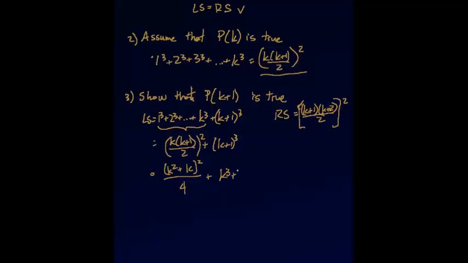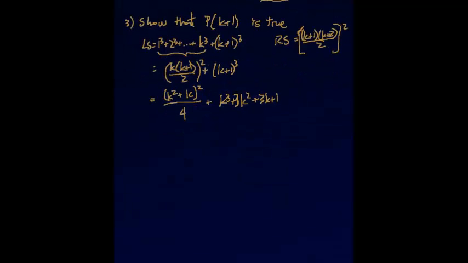This is k cubed plus 3k squared plus 3k plus 1. If you didn't know that, that's fine. You could also expand the (k plus 1) cubed and you'll arrive at the exact same equation. How I did it here was basically memorization. You could also have used the binomial theorem, which I'll explain in a later tutorial.